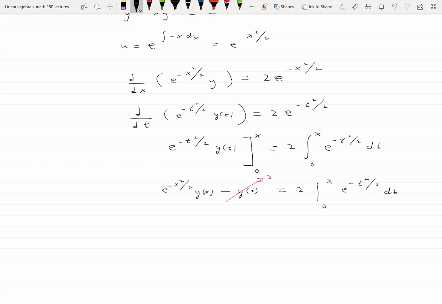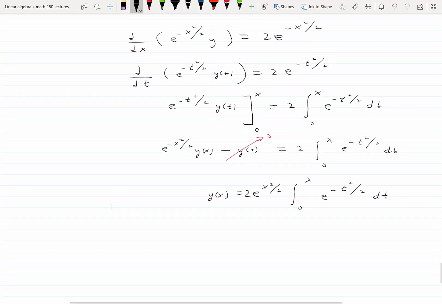If you multiply both sides by e to the positive x squared over 2, you get the solution: e to the x squared over 2, times the integral from 0 to x of e to the minus t squared over 2 dt. That's the best we can do.